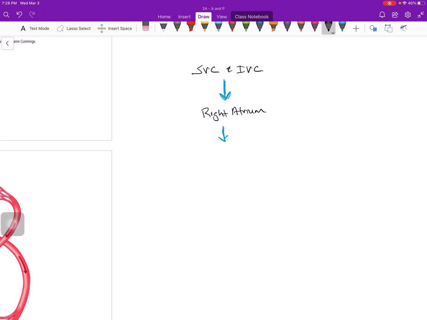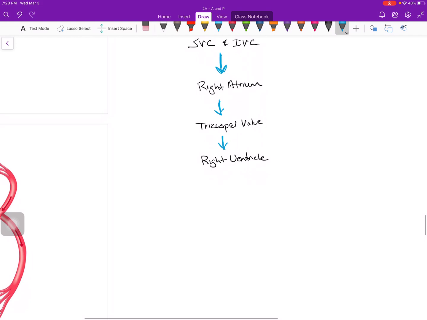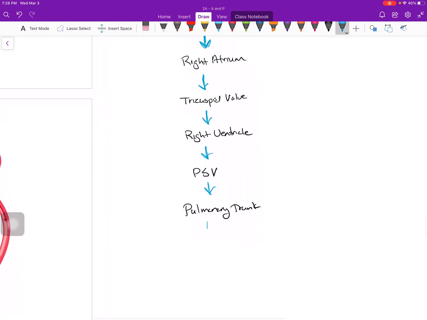Through the tricuspid valve into the right ventricle, through the pulmonary semilunar valve, PSV, to the pulmonary trunk, which branches into the right and left pulmonary arteries.